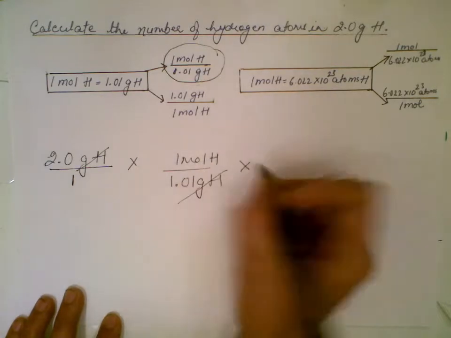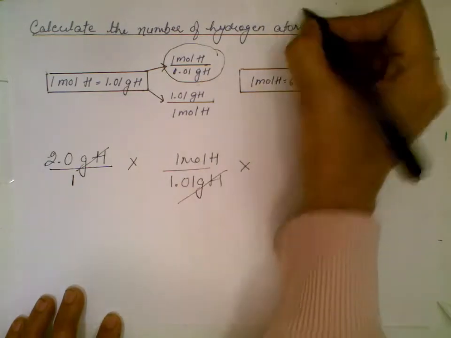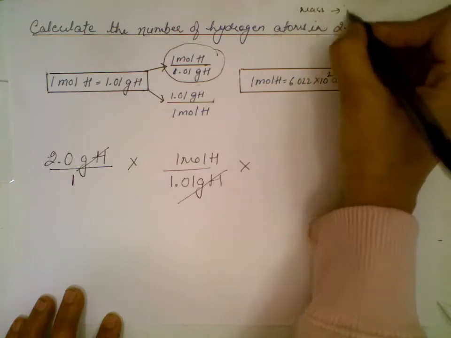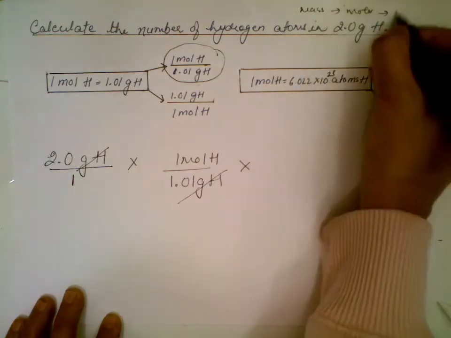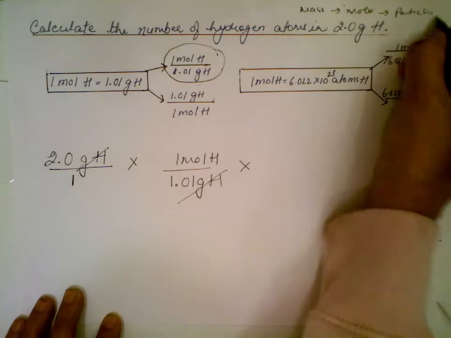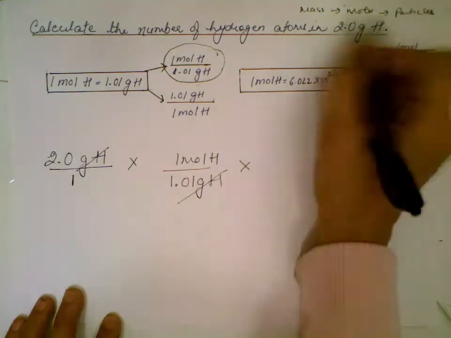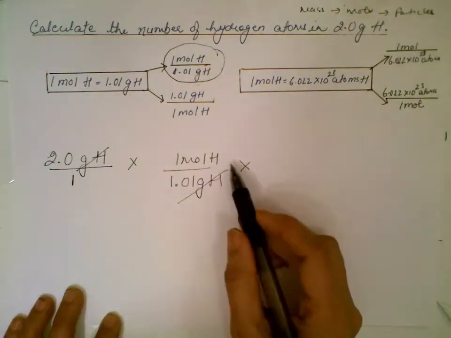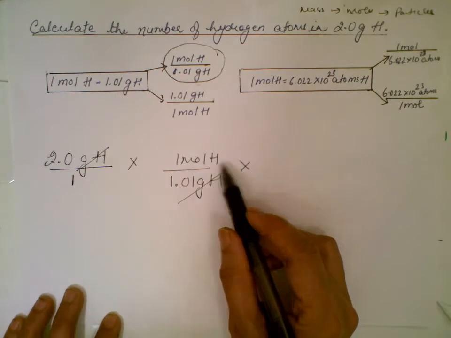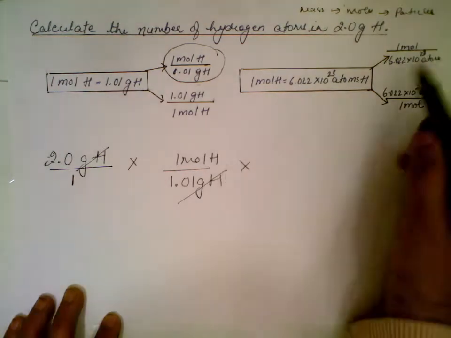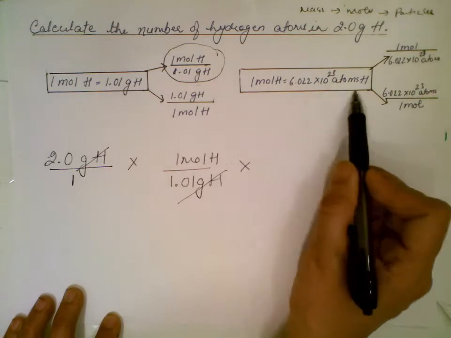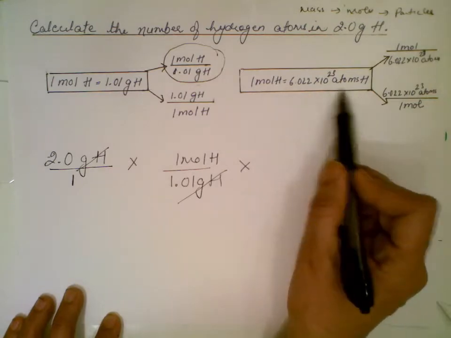Now, this goes from mass to moles to particles. It's not direct, it goes through moles. Now you're going to convert moles to particles, correct? So moles to particles, 1 mole of hydrogen is this many atoms.